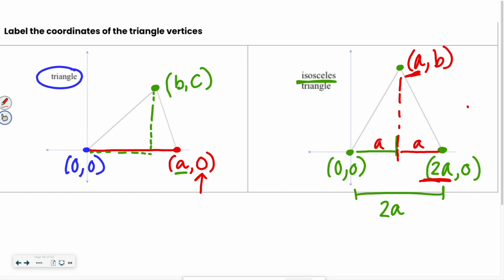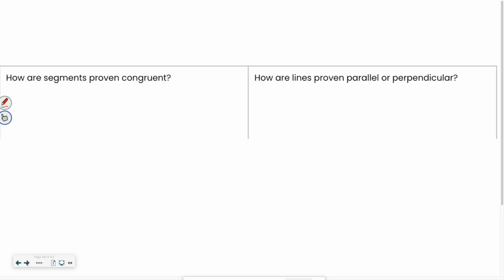Okay, so now we have an idea how you label these triangle coordinates. Now let's talk about some strategies to help you solve these proofs. How do you show segments are congruent? Congruent means the same length, which means their distances are the same.